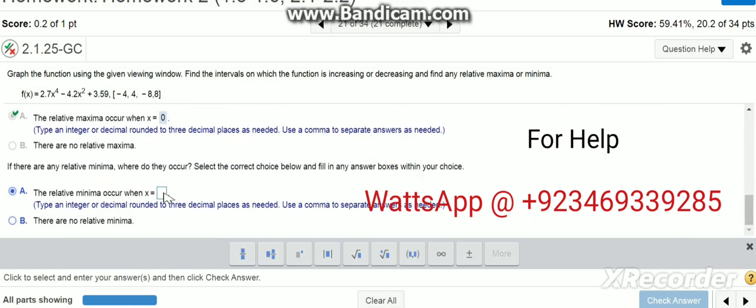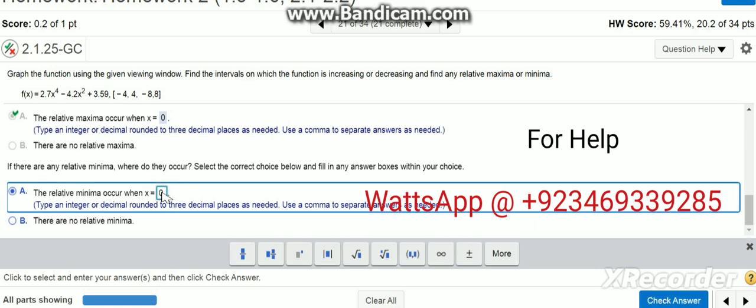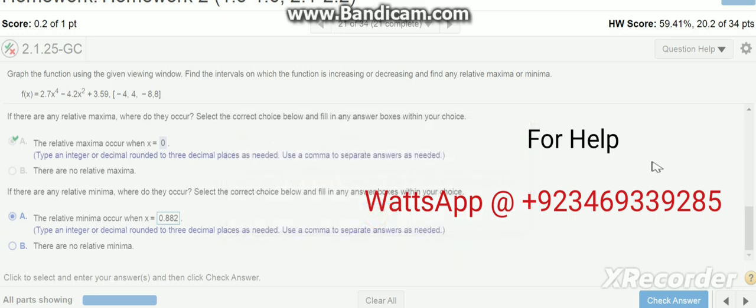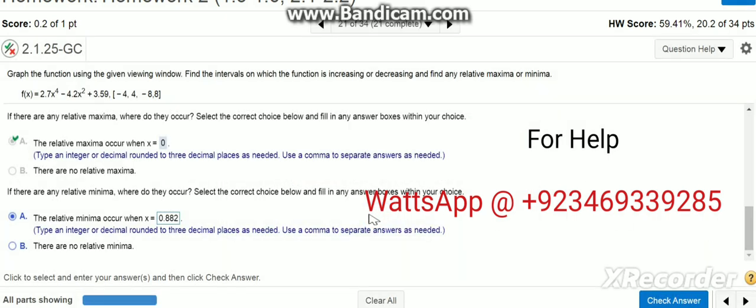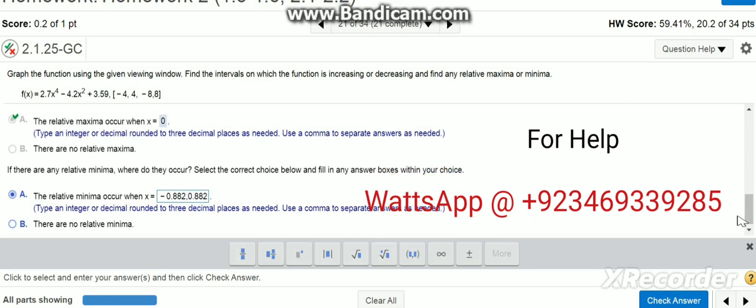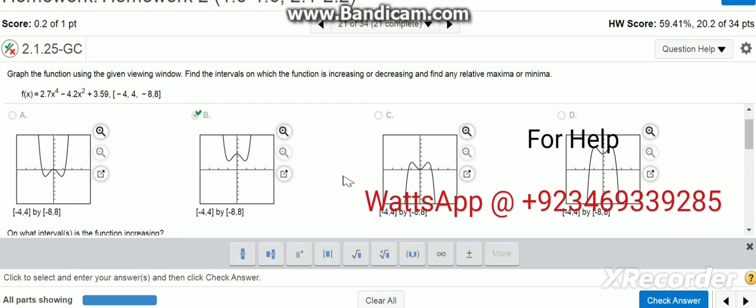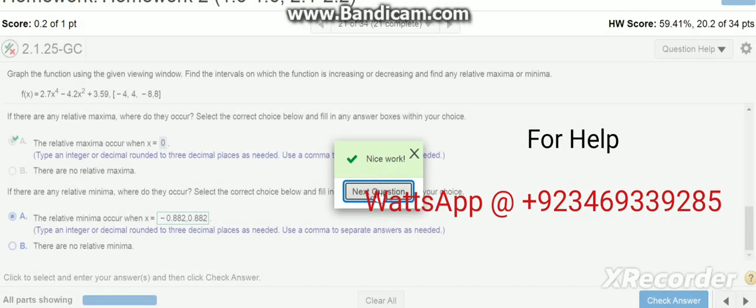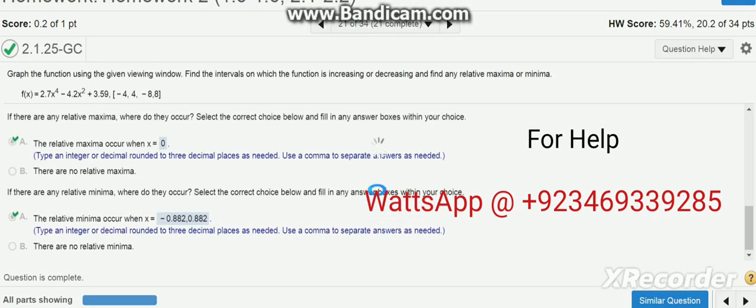X is equal to 0.882. Sorry, there are two relative minima, at x equal to plus 0.882 and x equal to minus 0.882. So we'll have to put a comma in between them and write both. So that's nice, thank you. Let's move to our next question.